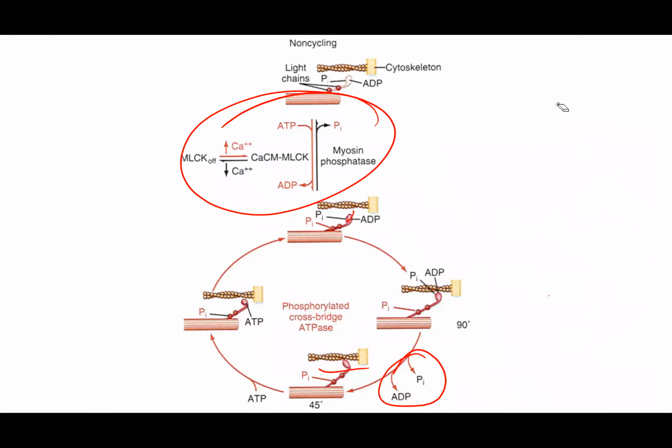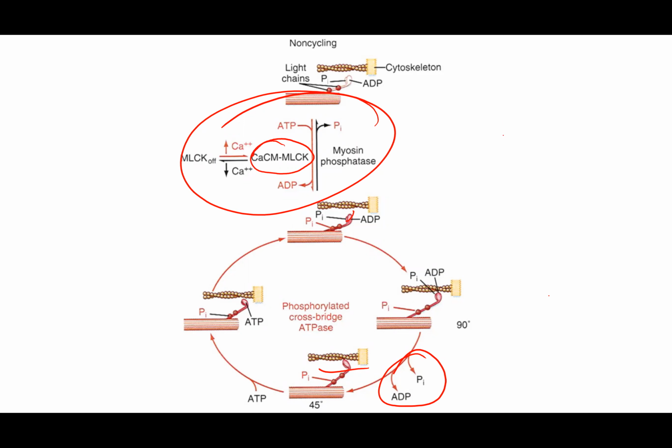In smooth muscle, it's almost the same. So you need to remove the calcium first. The calcium needs to go away because the reason we need calcium to go away is to turn off the calmodulin. So once this calcium calmodulin thing goes away, what we need is another enzyme.